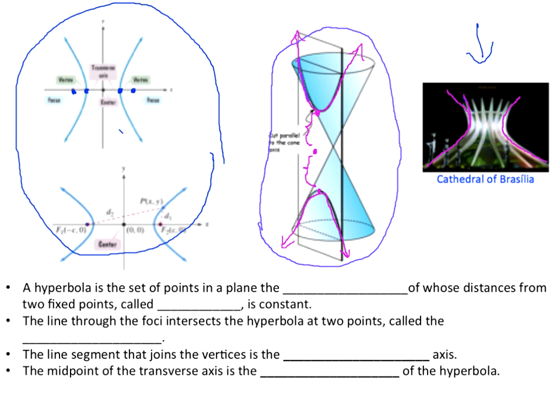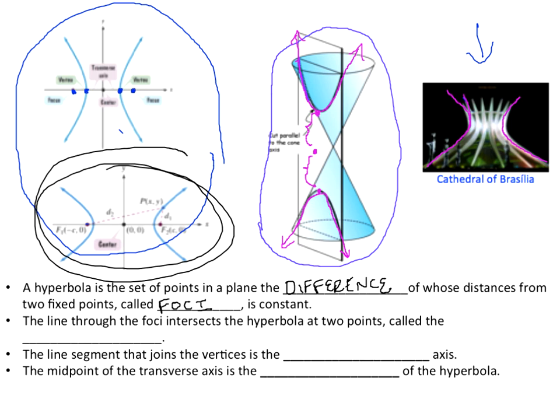The hyperbola is the set of points in a plane, the difference, so we're talking about subtraction here. With the ellipses, we had the sum of the distances from two fixed points, and now we're talking about the difference of the distances from two fixed points, and those fixed points are called the same thing, the foci. This illustration shows you those distances we're talking about.